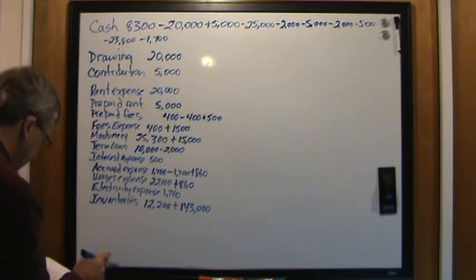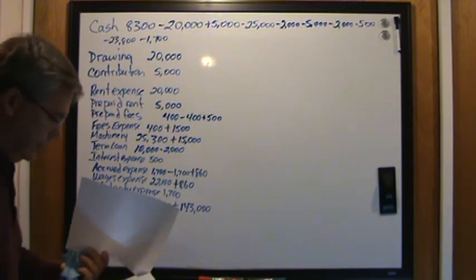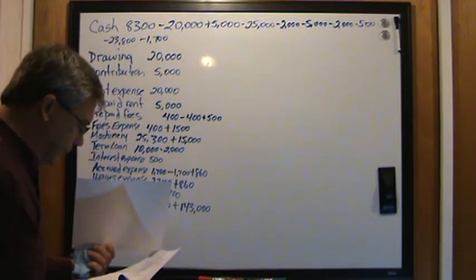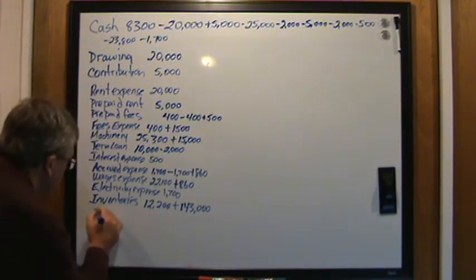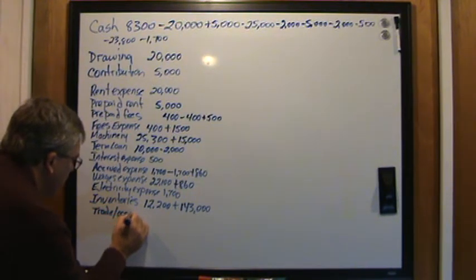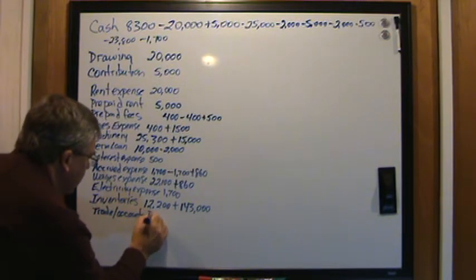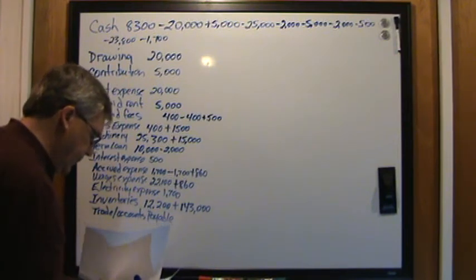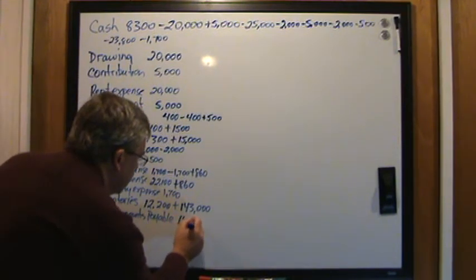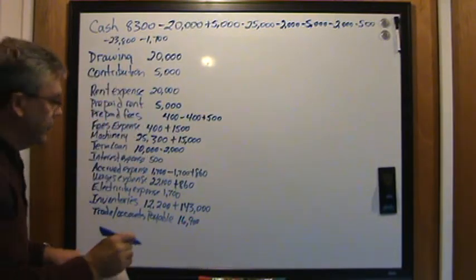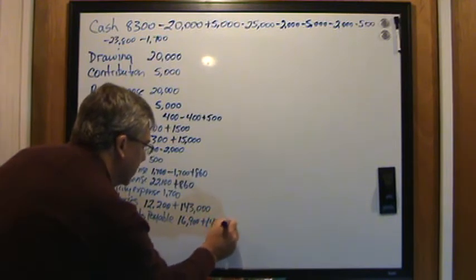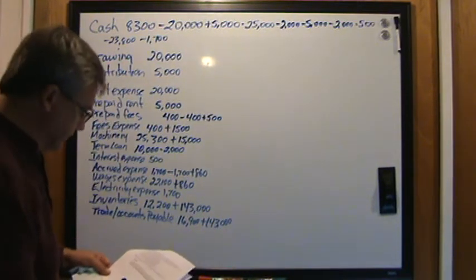So we again look at the opening balance sheet to see if we had existing accounts payable, and we do, $16,900. So trade or accounts payable are $16,900 to begin with, and we just added $143,000 more to those payables.